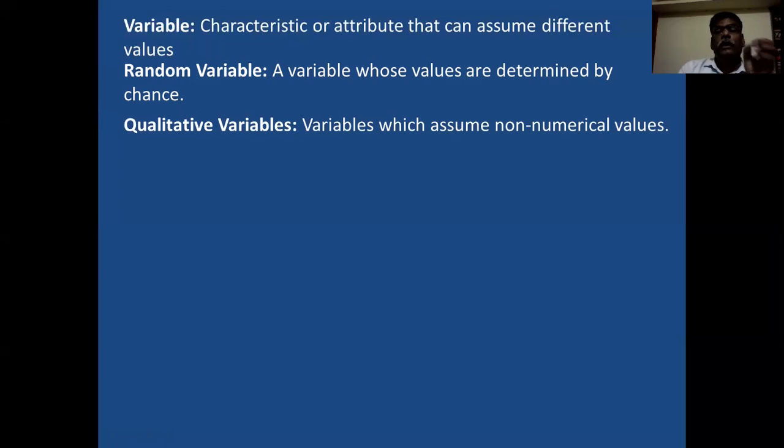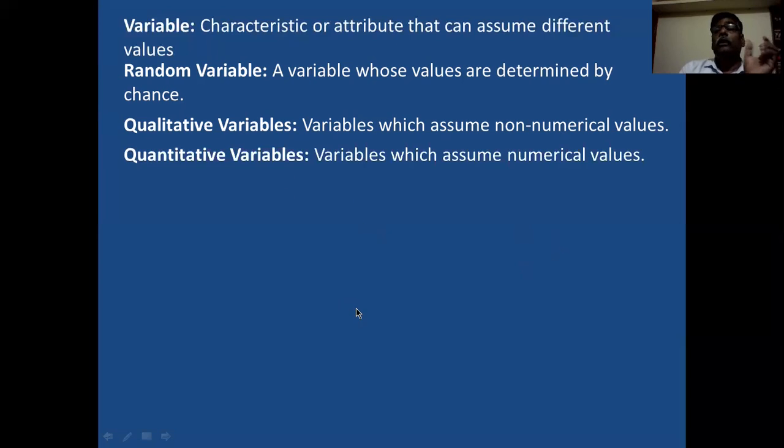If you are unable to express the variable in numerical terms, that is called a qualitative variable. If the variable is relating to the quality of a product or quality of a human being or quality of any aspect, then that is called a qualitative variable.